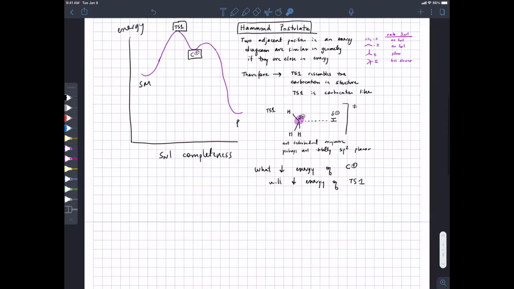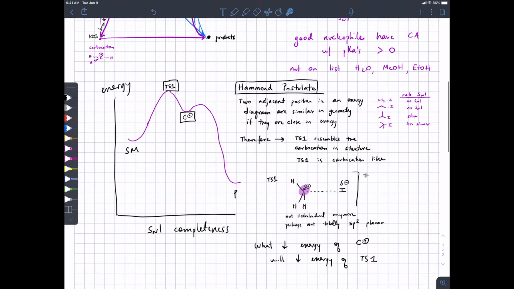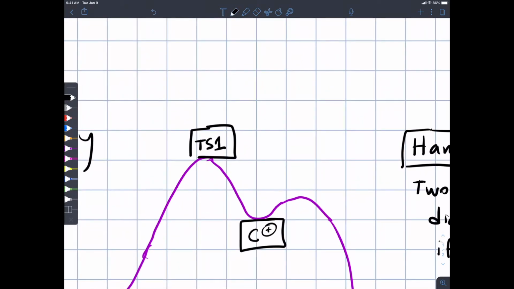I think that's a point that's coming up multiple times on the chat, so let me say that again. In the transition state, you've got the leaving group basically gone, and you've got a buildup of positive charge on the carbon, but these bond angles are still not 120 degrees.